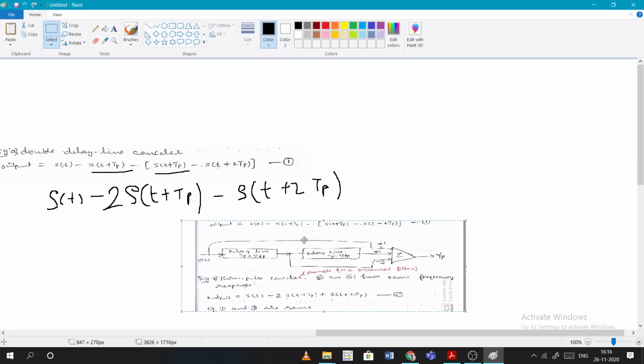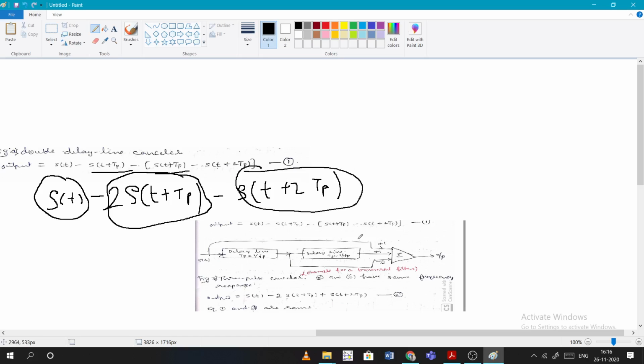When you observe this diagram, this one is s of t, which we are directly taking as output. Basically we have three terms, and we are using a summer, right?